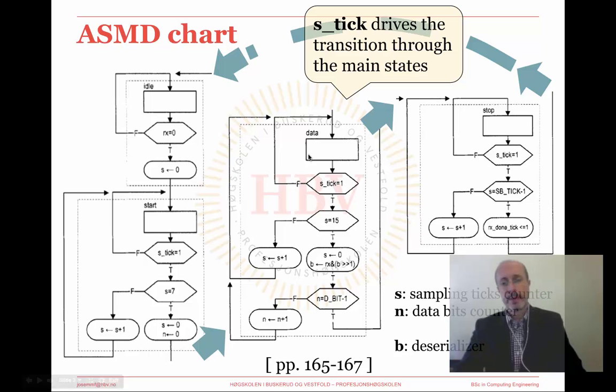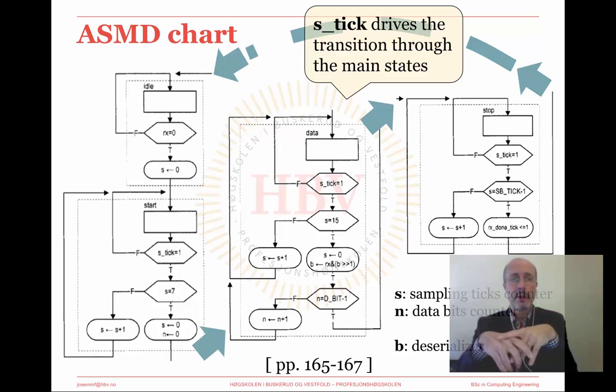The receiving subsystem is itself a finite state machine with data path, and as such its behavior can be represented by an ASMD chart as shown here. This chart is not very complex and comprises only 4 states which are closely related to the 4 fields that were indicated in the RS-232 frame format.